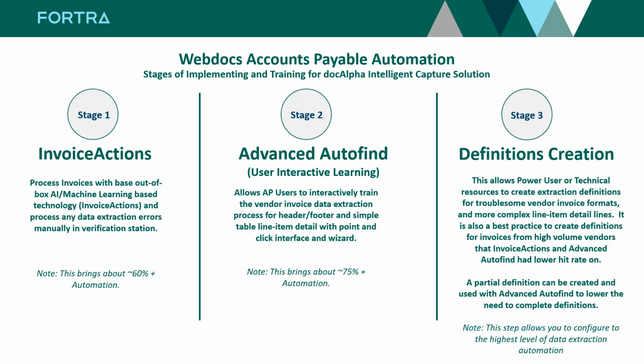Partial definitions can also be created and integrated with advanced AutoFind, which reduces the need for full comprehensive definitions while still achieving higher accuracy. And the final stage allows organizations to configure to the highest level of data extraction automation, making the system capable of managing a wide range of scenarios with minimal manual intervention.